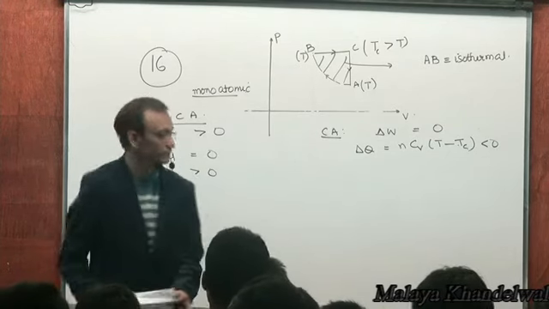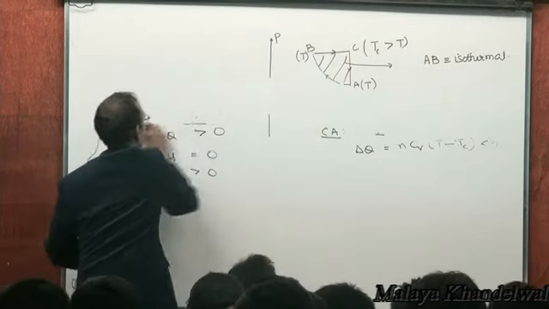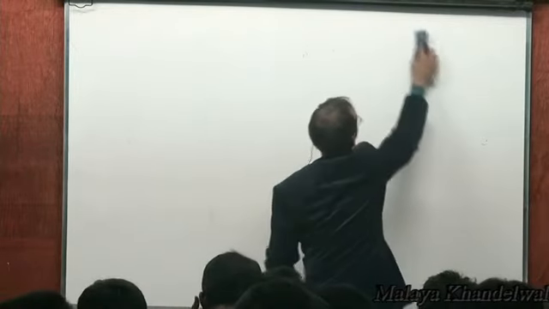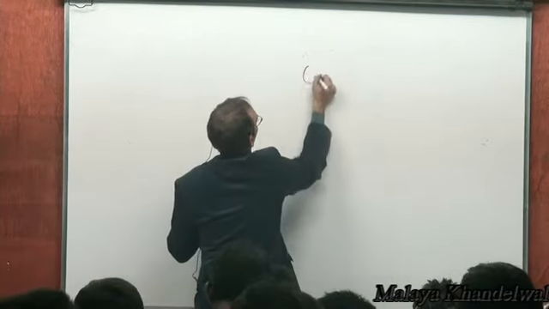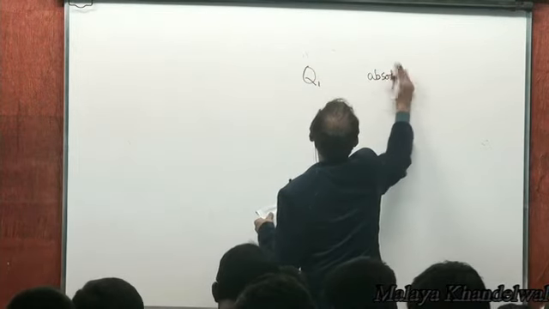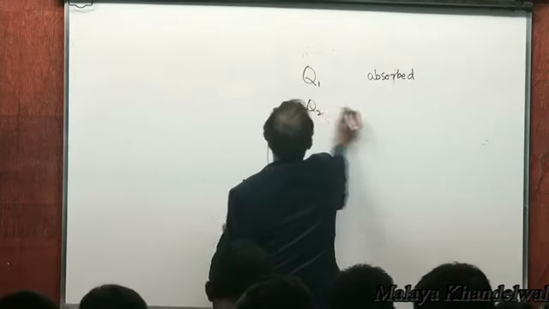Shall I explain? Okay. A system undergoes a cyclic process in which Q1 joules is absorbed and Q2 joules is rejected.